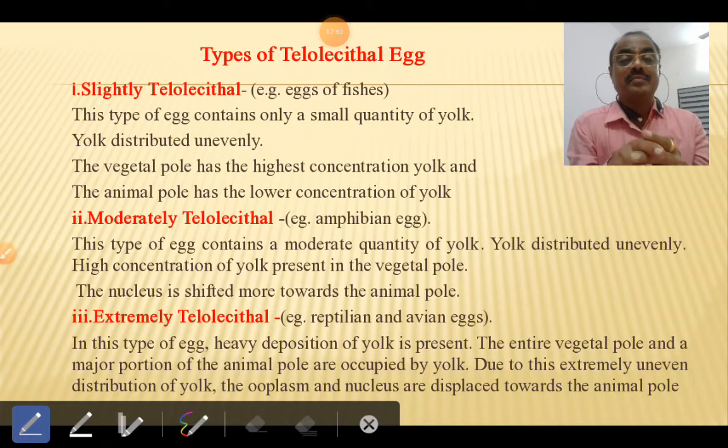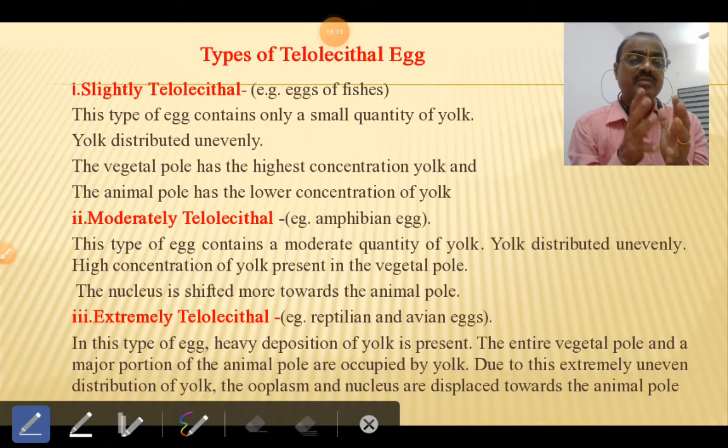And the third type of telolecithal eggs, that is extremely telolecithal, are the eggs of reptiles and birds. These eggs are large in size already. They contain much more yolk, with heavy deposition. The entire vegetal pole and a major portion of the animal pole are occupied by yolk.